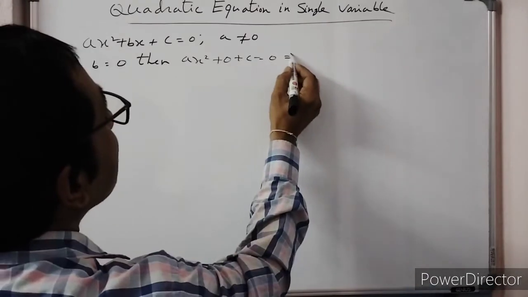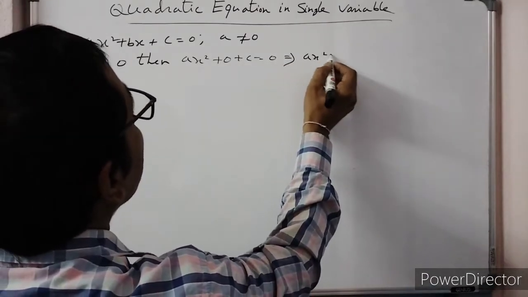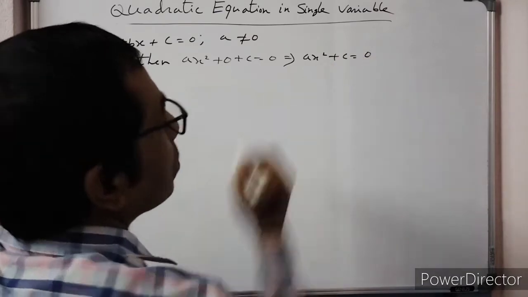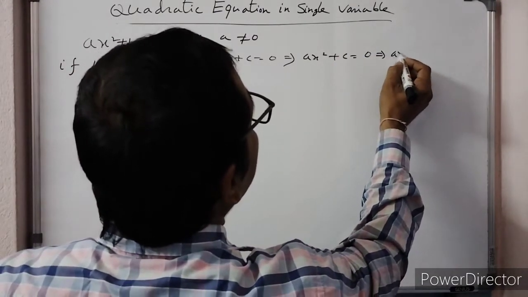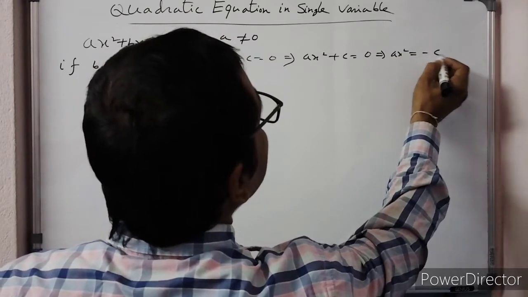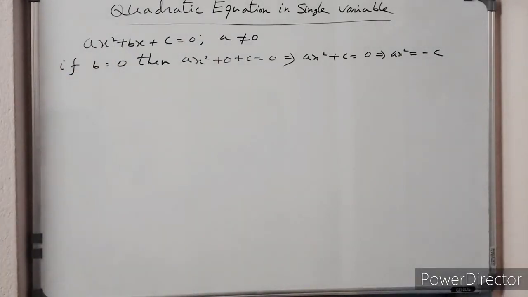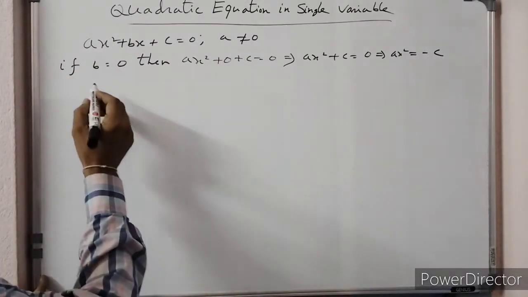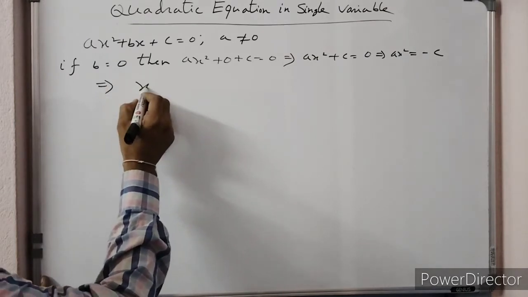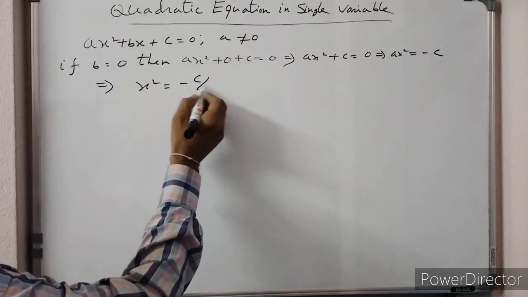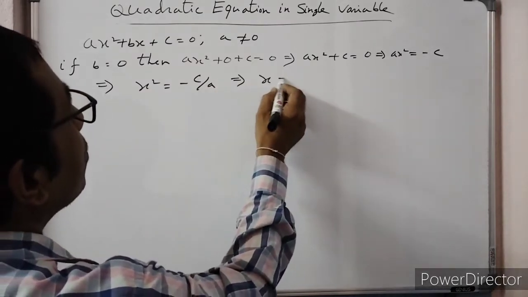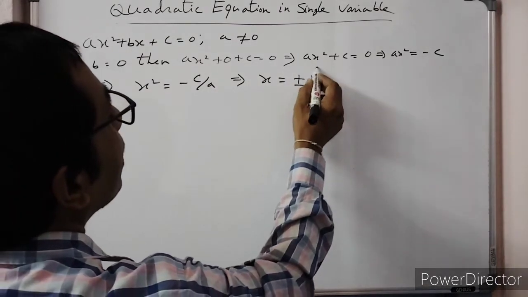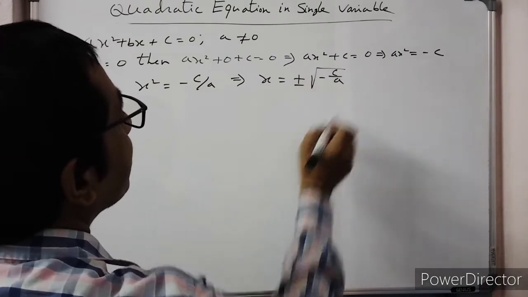That implies ax square plus c equal to 0, so ax square equal to minus c. That implies x square equal to minus c by a. That implies x equal to plus minus root over minus c by a.